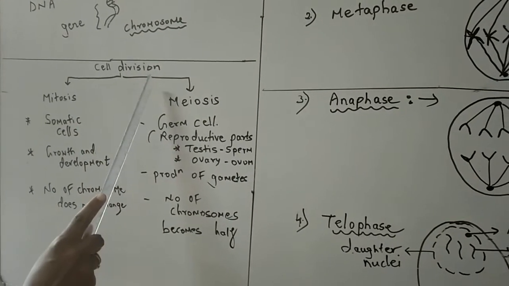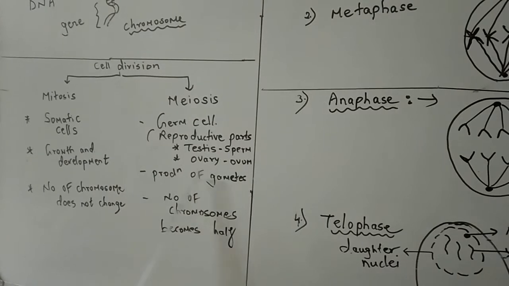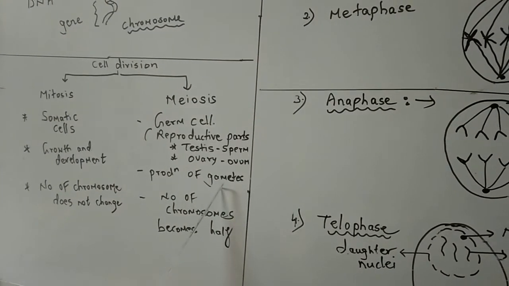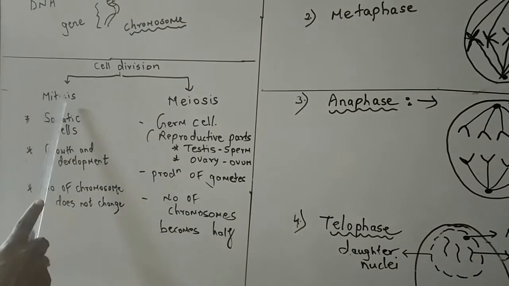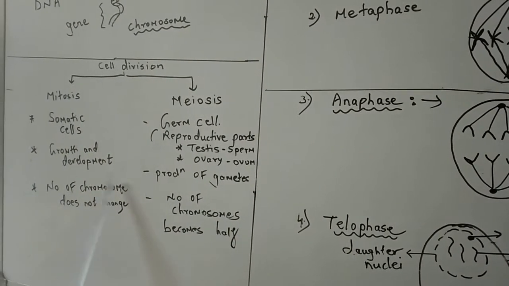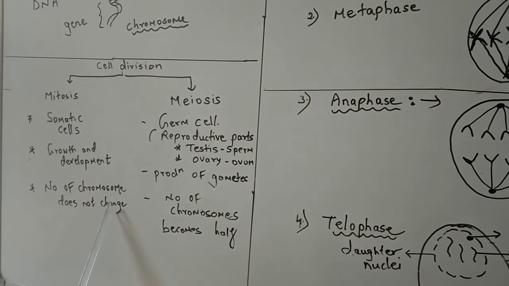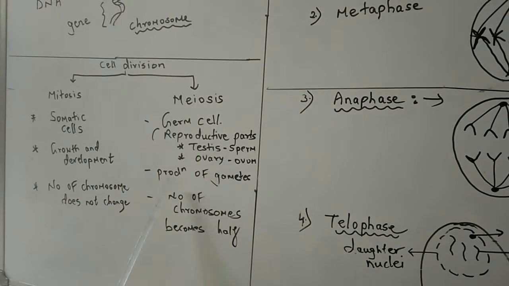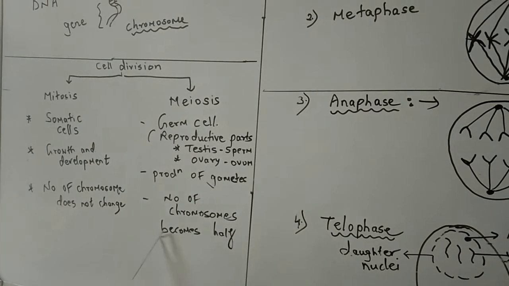And meiosis is useful for production of gametes. गॅमेट्स तयार करण्यासाठी, मेल गॅमेट आणि फिमेल गॅमेट तयार करण्यासाठी. The important part is that in mitosis the number of chromosomes does not change, so it will remain diploid only, whereas in meiosis the number of chromosomes becomes half.